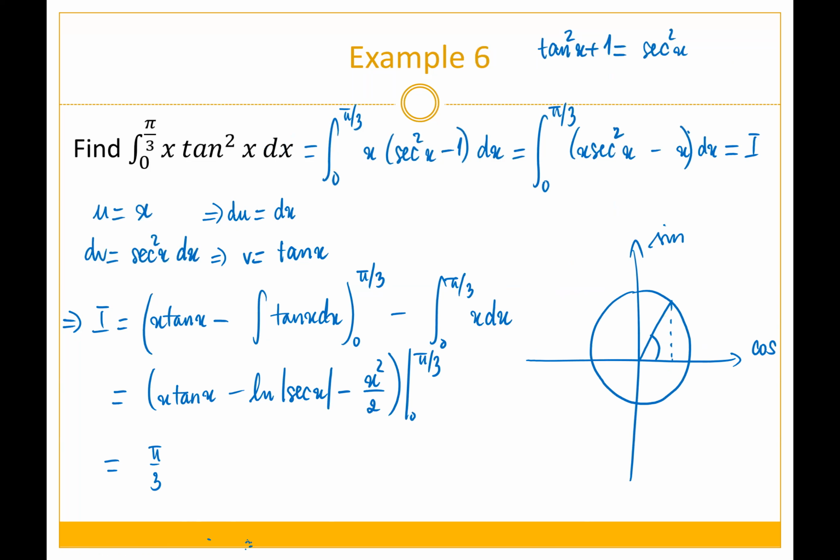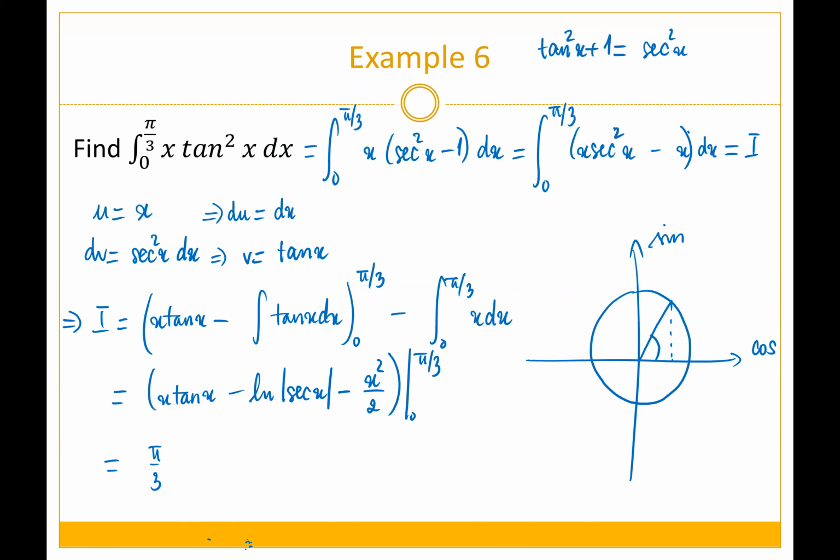So tangent of that is sine over cosine, which is square root of 3. Now for secant, secant of pi over 3 is 1 over cosine. Cosine here is half, so 1 over cosine here is going to be 2. And then we have pi squared over 18, because it's 9 multiplied by 2.